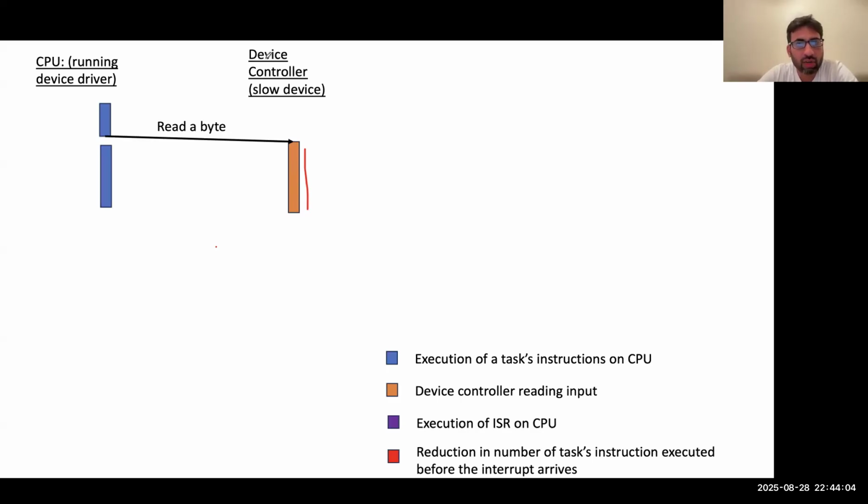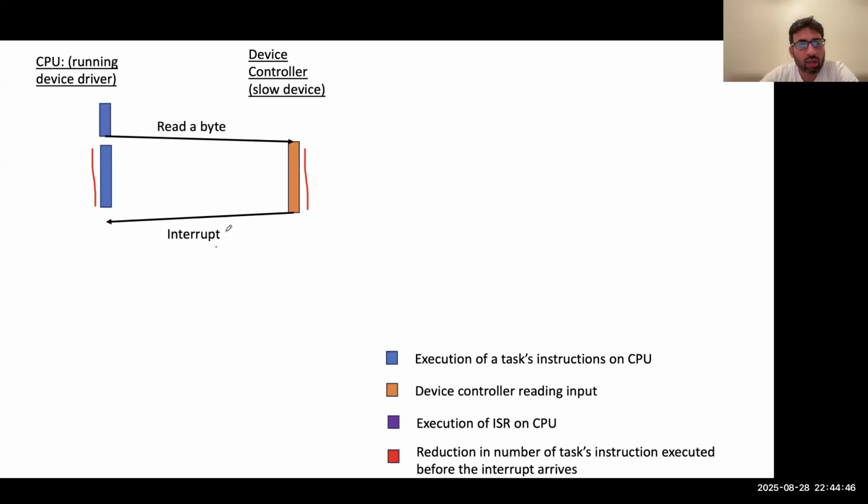In the meantime, if the requested data is not critical, in the sense that the CPU or the application doesn't need it for the next couple of instructions, then our CPU can continue executing the next instructions, or even switch the program. Let's say program A requested to read a byte, and while we are waiting for the data to become available, CPU can start executing application B. So instead of staying idle, it can do some useful work, right?